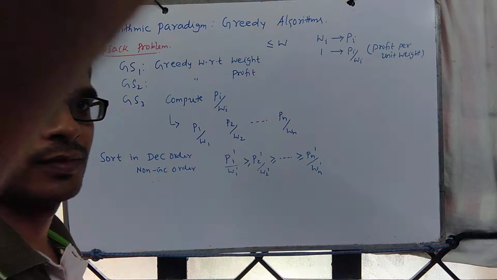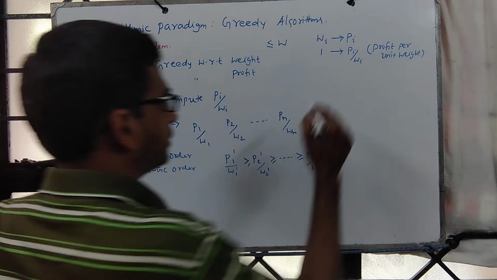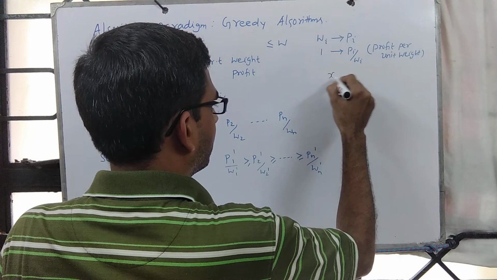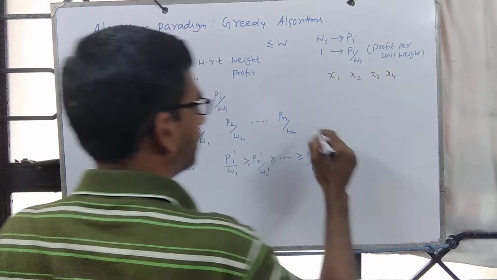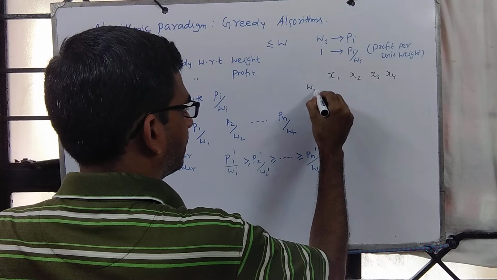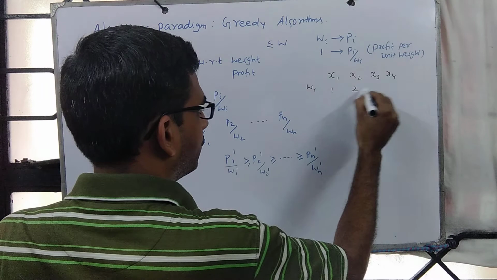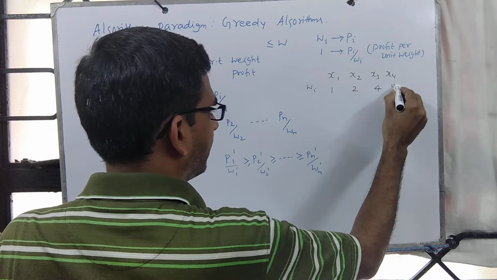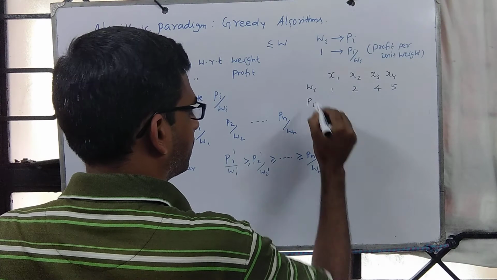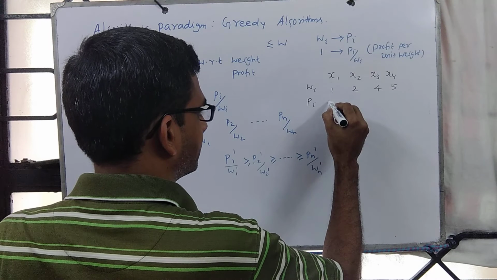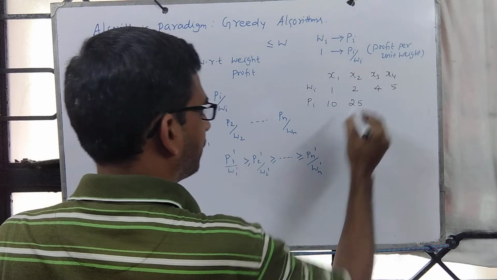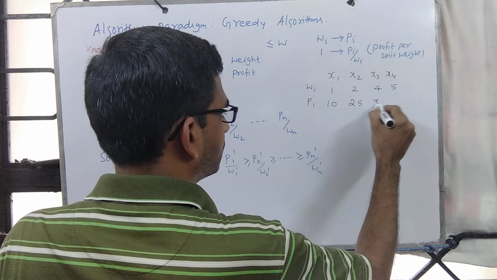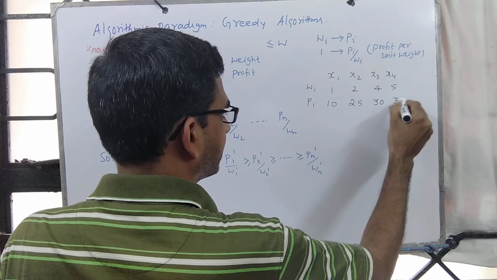Let's look at this example. x1, x2, x3, x4, and the weights are 1, 2, 4, 5, and the profit is let's say 10, this one is say 25, this one is 30, and this one is say 35.